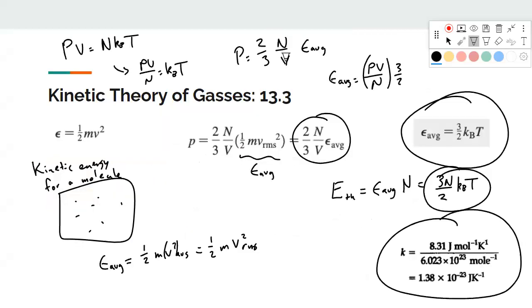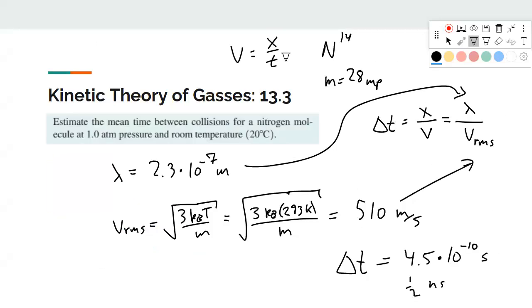So yes, I give the value for KB here if you need it. And it'll be on your formula sheet. But it's just the ideal gas constant over Avogadro's number. So you can also get it that way. It's joules per Kelvin. So KB is joules per Kelvin, and then we're multiplying by Kelvin, so that'll give units of joules.